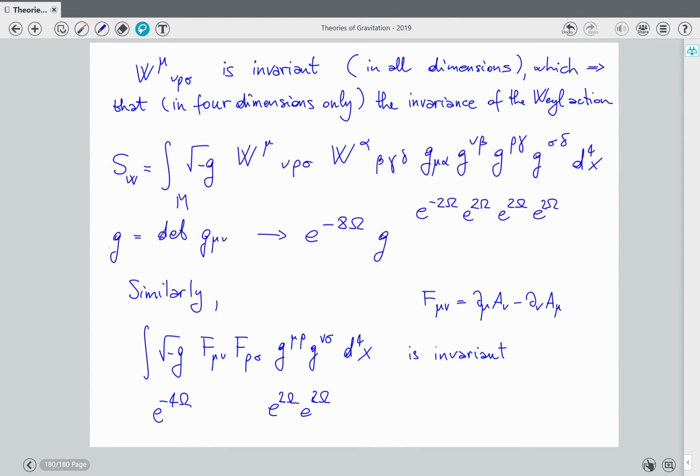Let's work out the Weil action and see what combination of the 3 invariants it amounts to. And to do that, we would have to square the Weil tensor. That's too long. It's much easier to square the Riemann tensor.